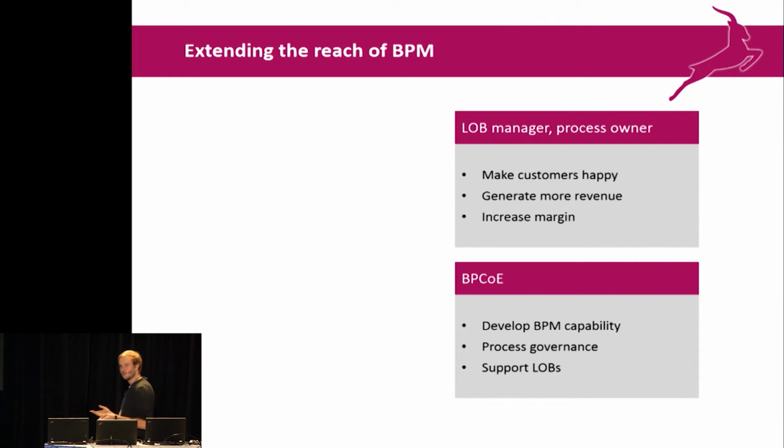Or central functions in the organization, like business process centers of excellence, who basically drive the BPM capabilities across the organization, provide process governance, and support the LOBs and the process owners in going about this process exercise. So these are the people we typically talk to and mostly talked to in the past.